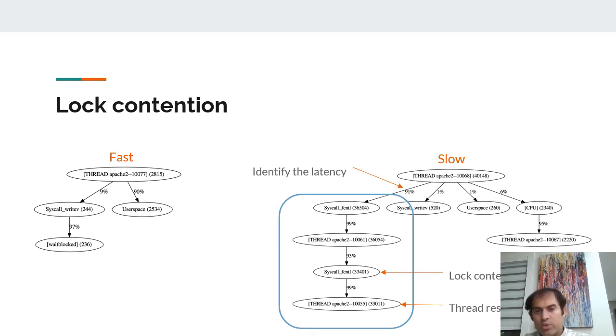Comparing these two graphs, we see this rectangle, which shows the main difference between the two. The Apache thread in the slow request is blocked by some other Apache threads.